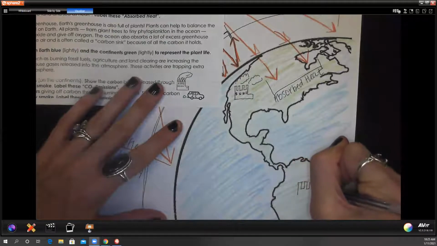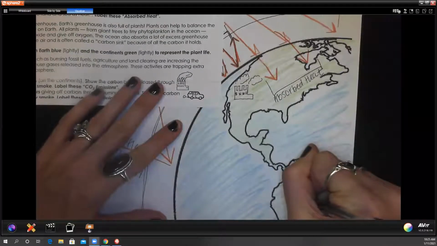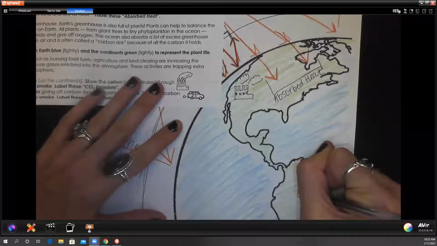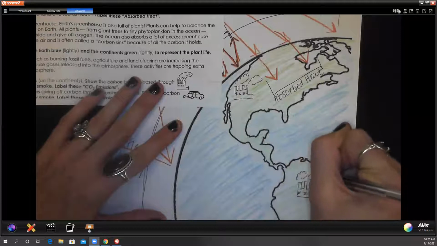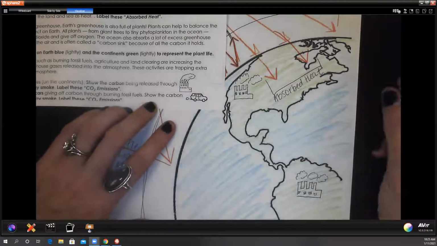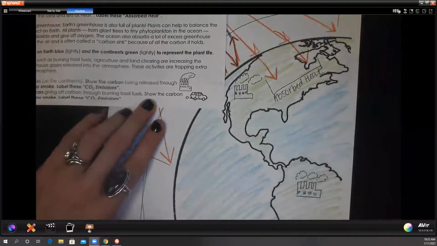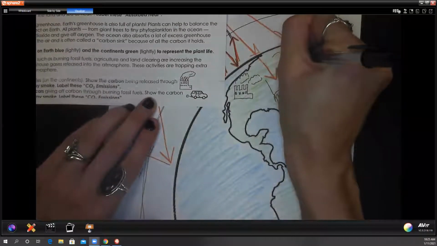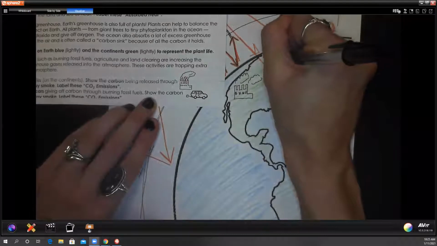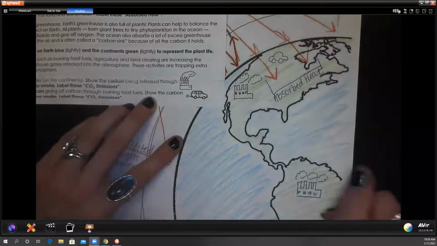And they don't have to be perfect, y'all. And it also wants us to draw cars, because cars give off carbon dioxide. So we'll label them both as CO2 emissions.